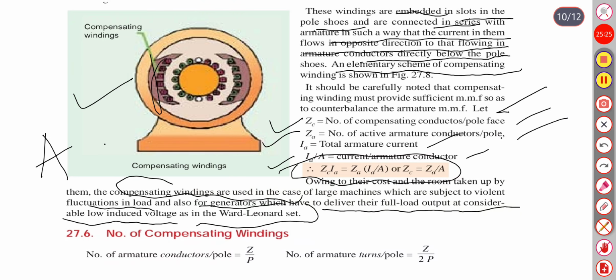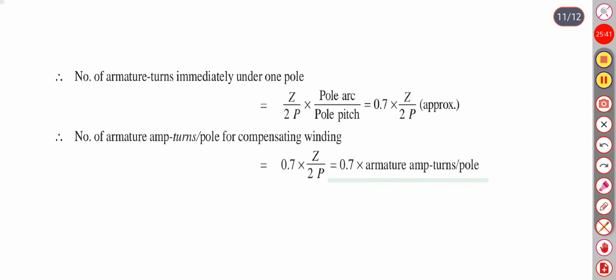So the number of armature conductors per pole is Z upon P. So the number of armature turns per pole will be Z upon 2P, and the ampere turns immediately under the pole will be Z upon 2P into pole arc upon pole pitch, equals this.